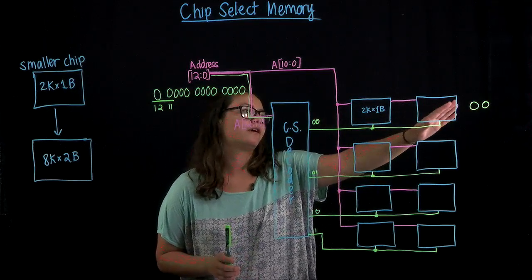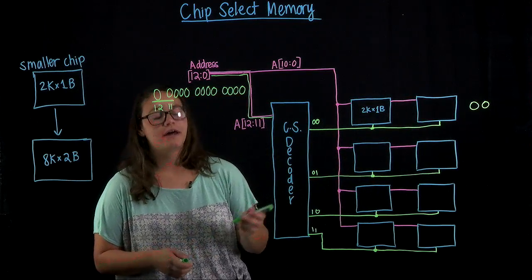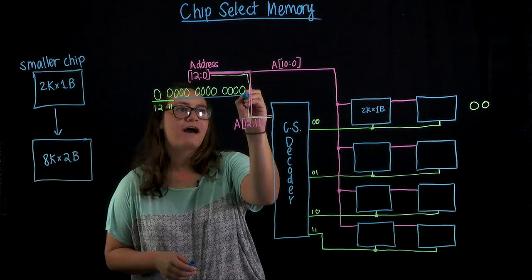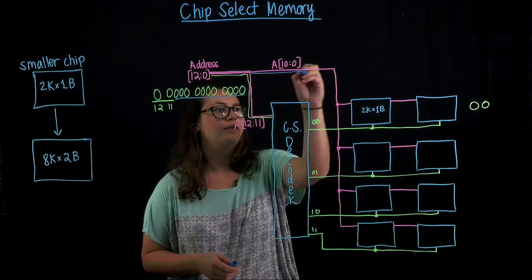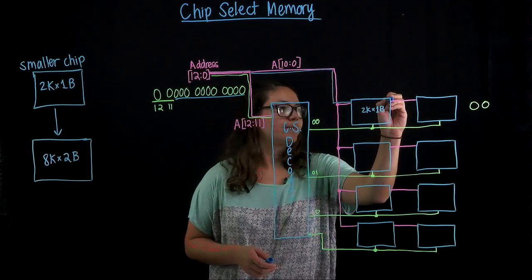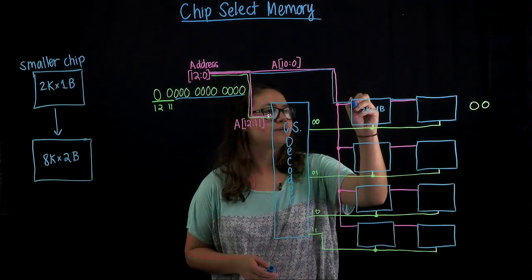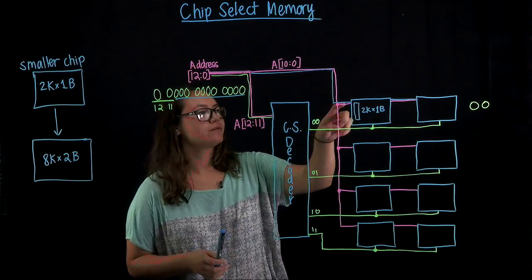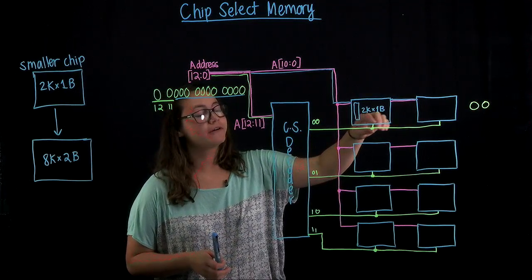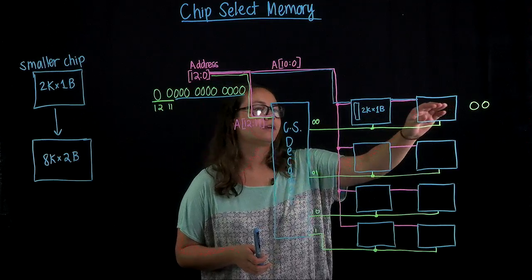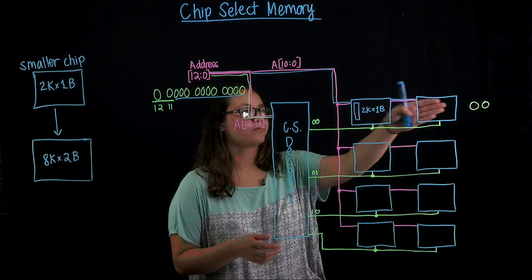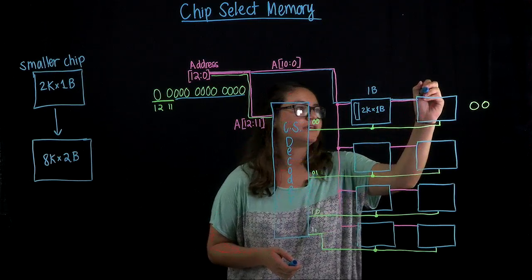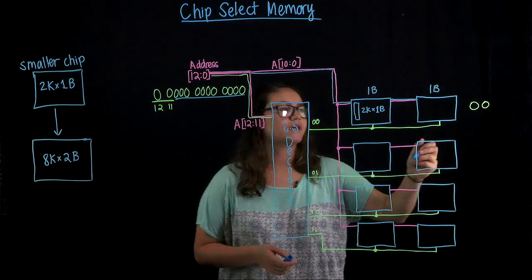So once this row is turned on for reading or writing, then the other 11 bits of the address are going to go here onto decoders on the smaller chips to select one location out of the 2K locations that are on here. Since we're reading from this whole row at once, we'll be reading or writing 1 byte of data here, and also 1 byte of data here.